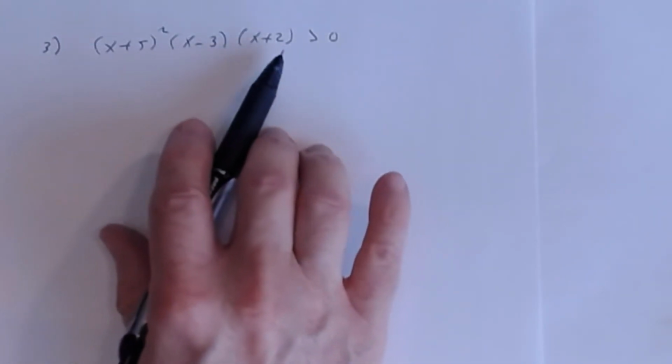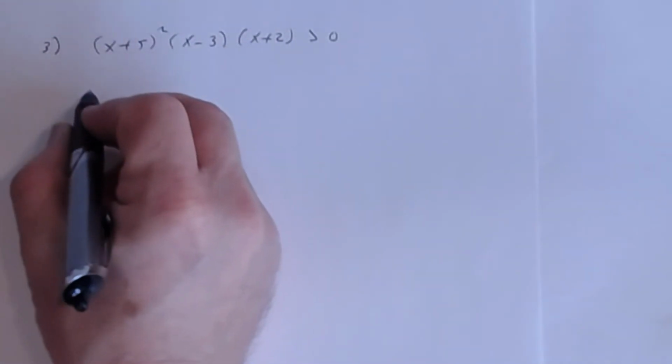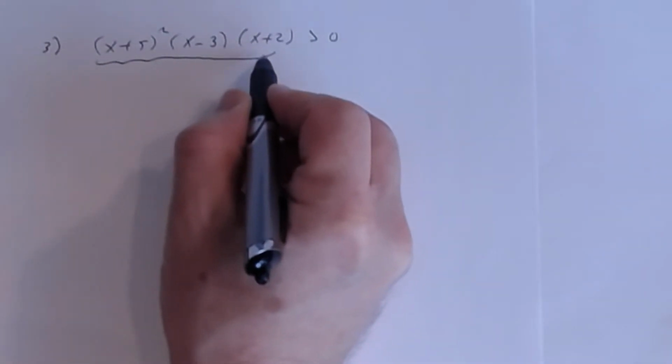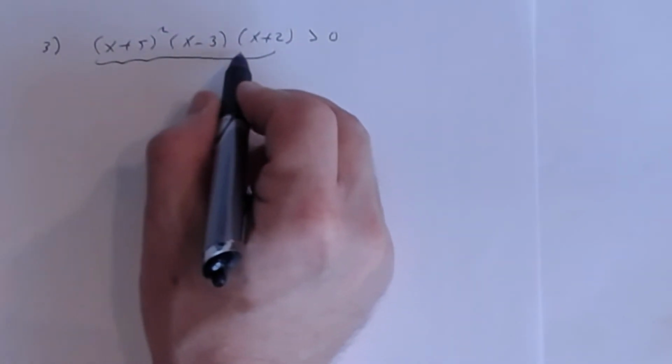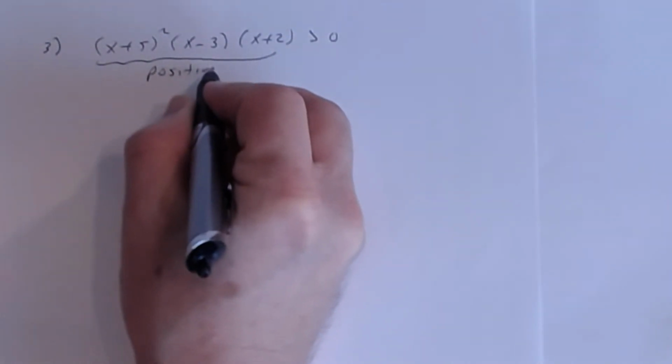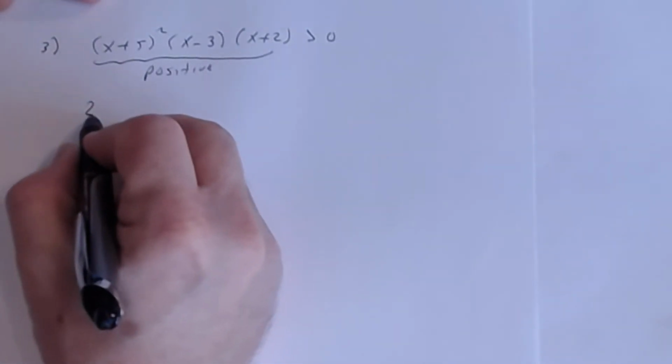All right? When I solve this inequality, it's already in factored form. I already have 0 on this side, so I just need to find my zeros. And I want to find all real numbers that will make this product greater than 0, meaning positive. And notice there's no equal sign here, right? No equal sign.